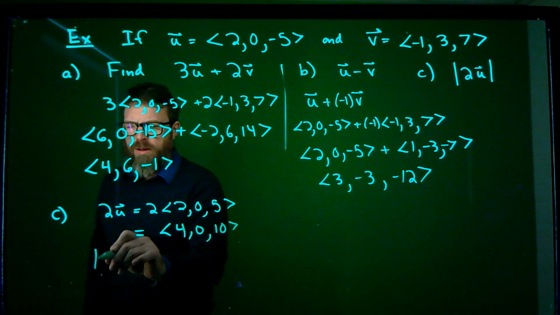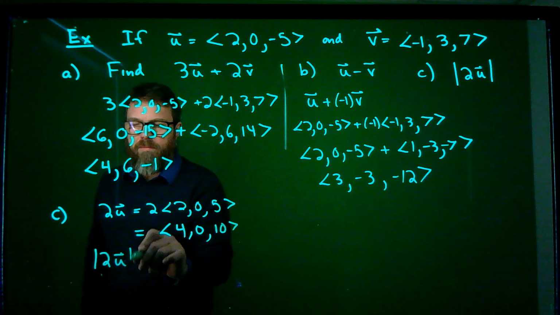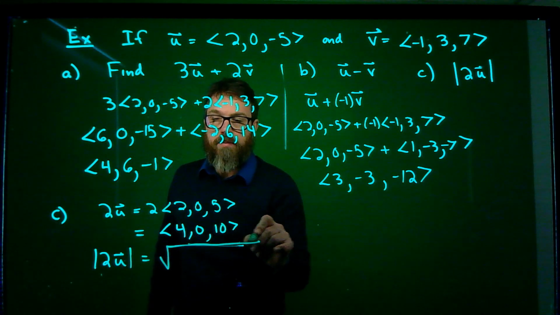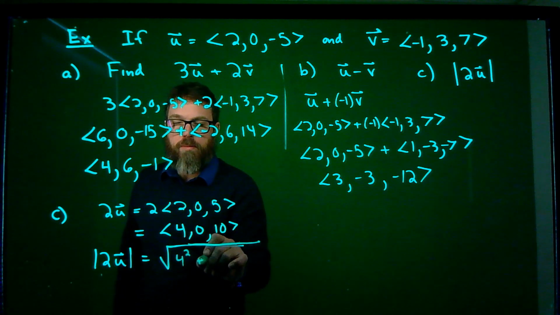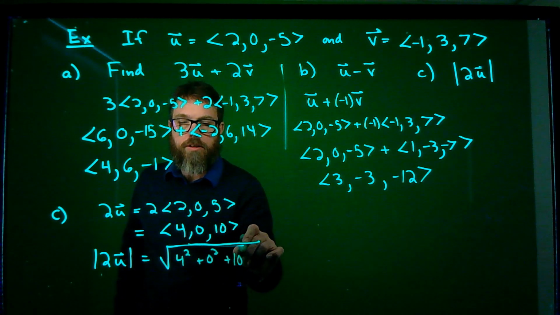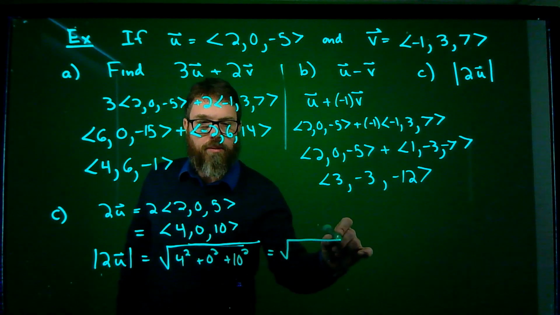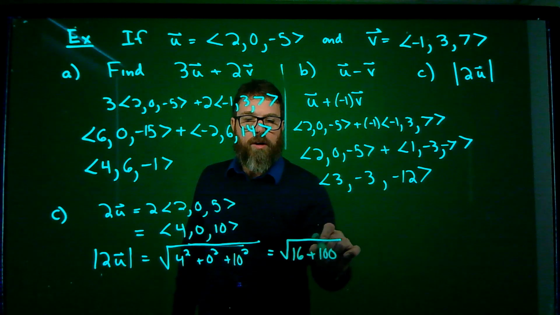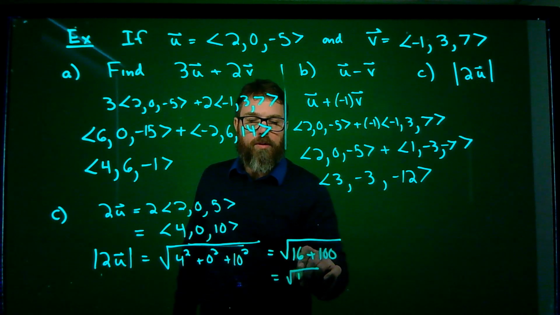So the magnitude of 2u is going to be equal to the square root of the sum of the squares of its components. So this is 4 squared plus 0 squared plus negative 10 squared. So this is going to be the square root of 16 plus 100, or the square root of 116.